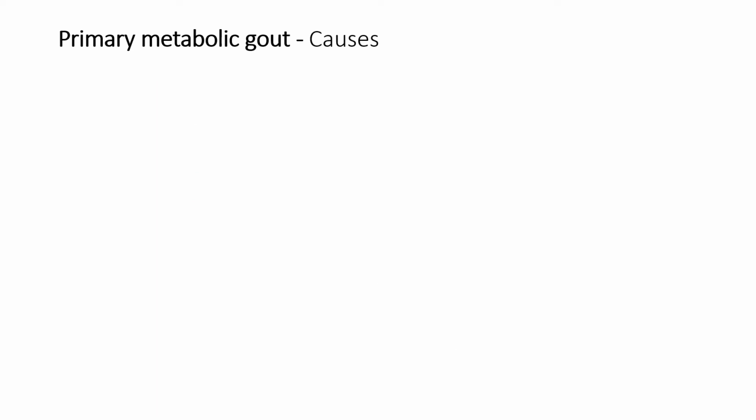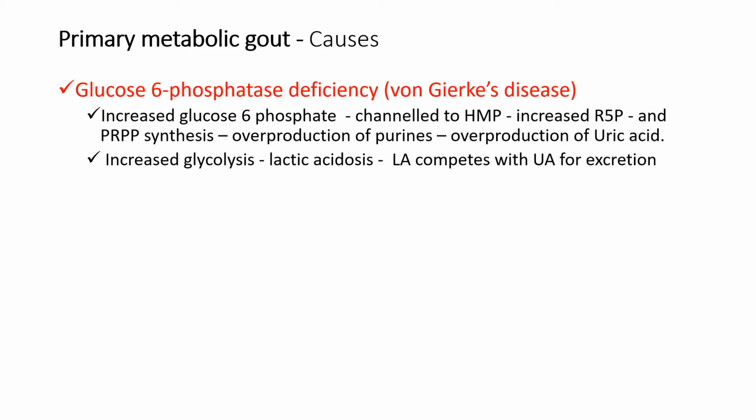The other enzyme which causes primary gout is glucose 6-phosphatase deficiency. You already know deficiency of this enzyme causes type 1 glycogen storage disorder, that is Von Gierke's disease. When there is deficiency of this enzyme, glucose 6-phosphate cannot be converted to glucose.